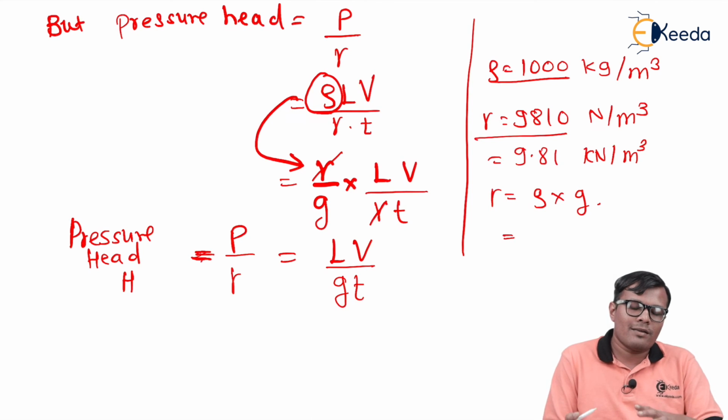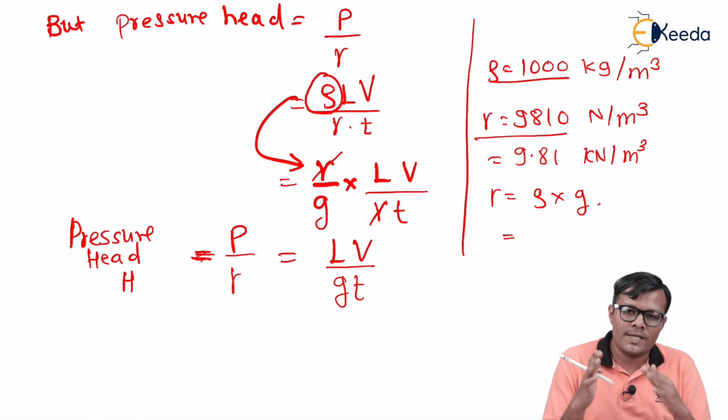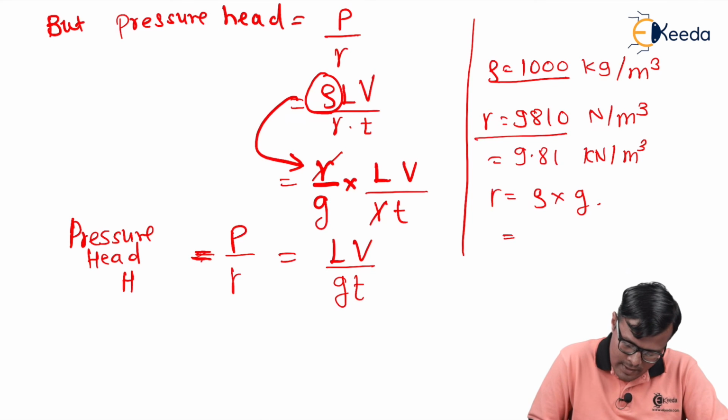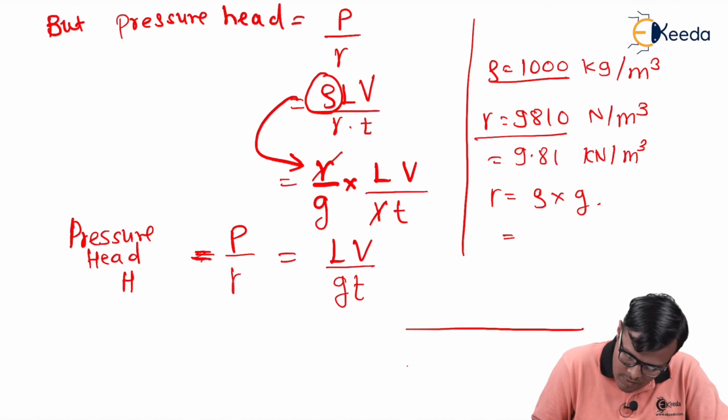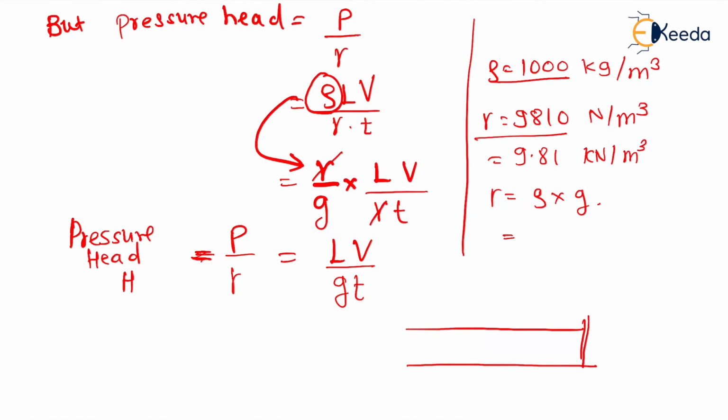This is nothing but that height of water which is raised in the surge well. Say for example, this is pipe, this is sudden closure, this is a surge well, and this is high pressure zone, and this wave is coming towards the surge well, and now due to this pressure, initial level is changing to final level.